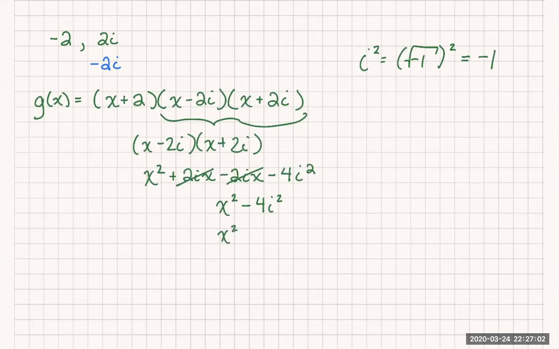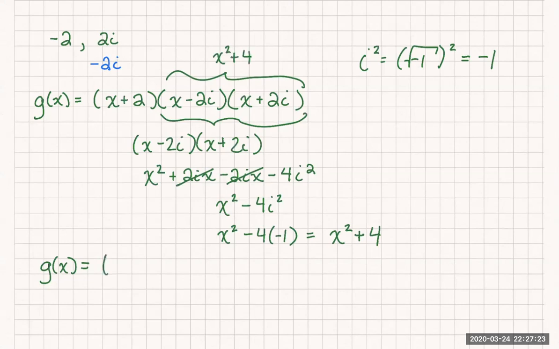So this is x squared minus 4 times negative 1, which gives me x squared plus 4. So by foiling this, I get x squared plus 4.